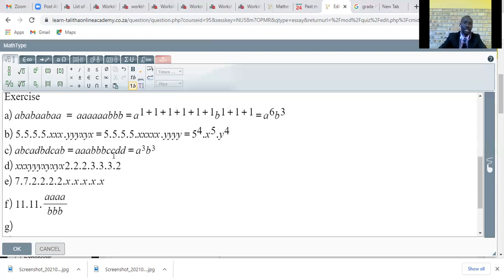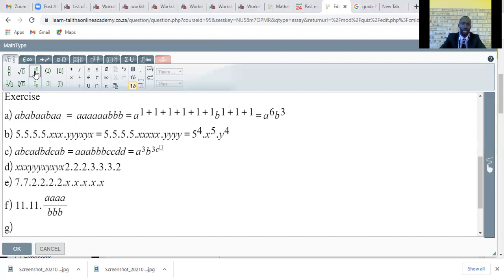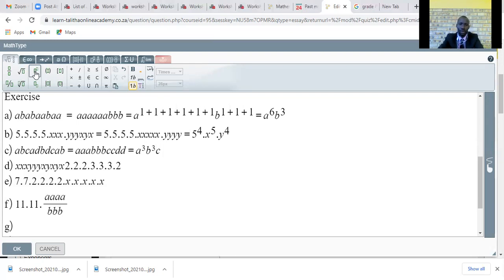So we say C with exponent 2. Oh, all right, sorry. This is not how it's supposed to be. C here with exponent 2. The next one being D. How many D's are there? We count 1, 2. So D will be having exponent of 2.